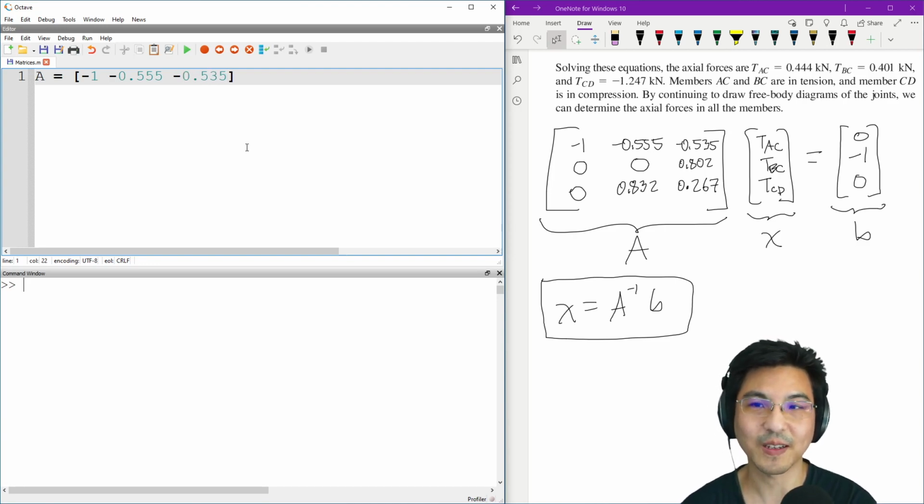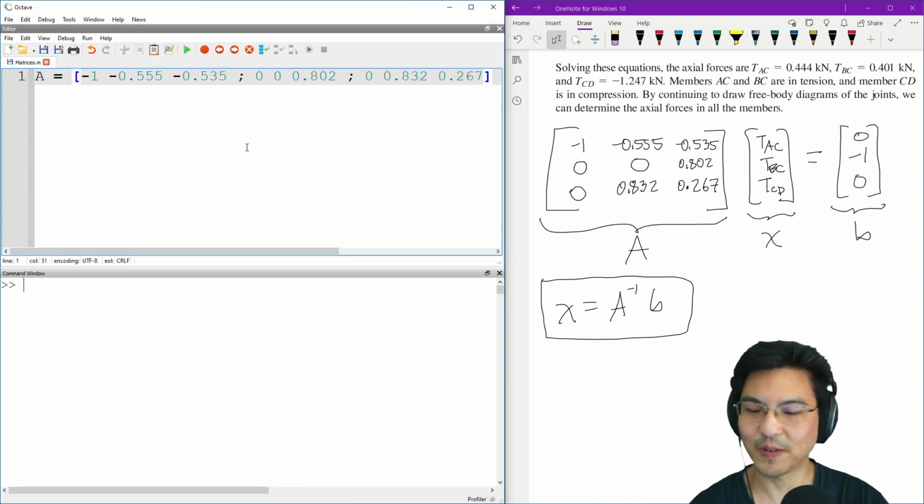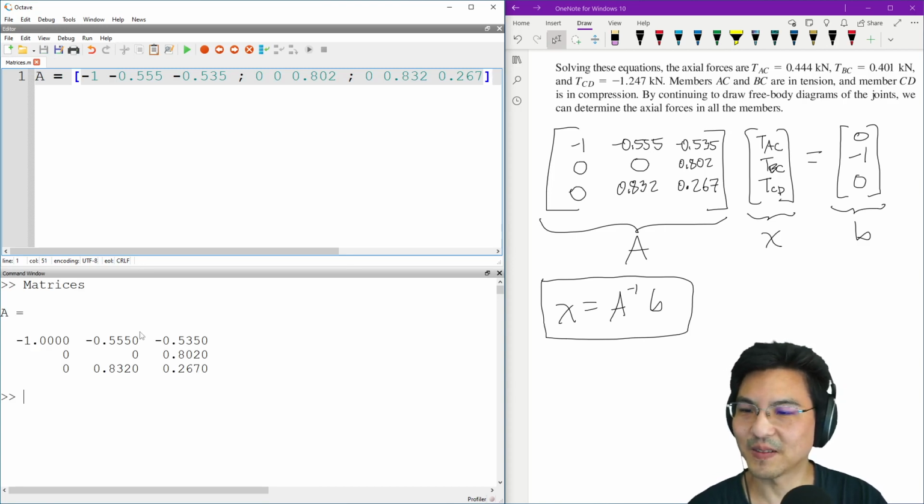And then to go to the second row, use a semicolon. So now second row, 0, space, 0.802. And then semicolon to go to the third row, 0, space, 0.832, space, 0.267. Okay, so let's say if I run this, right? So here's our matrix here, which matches what we wanted.